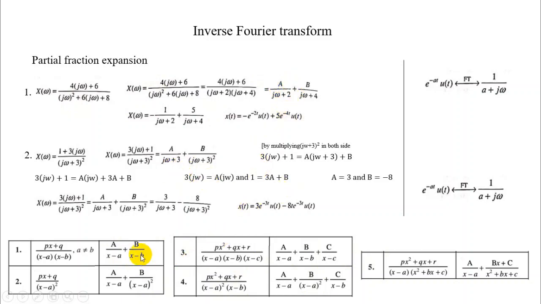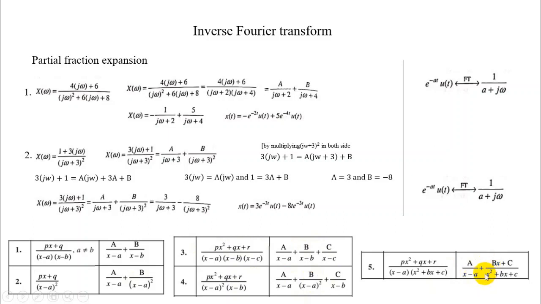First of all, you need to formulate this A, B, C fashion, depending on the numerator and denominator. If the numerator and denominator are like that, you should expand like that. For this function, this pattern should be followed, and for this case, this pattern.